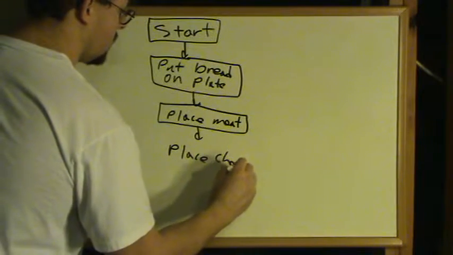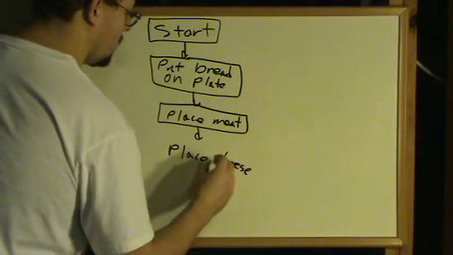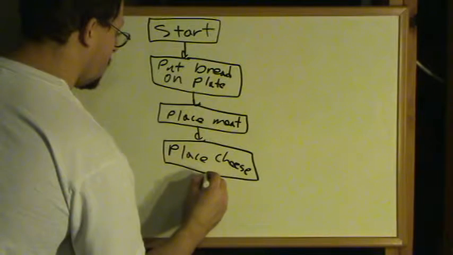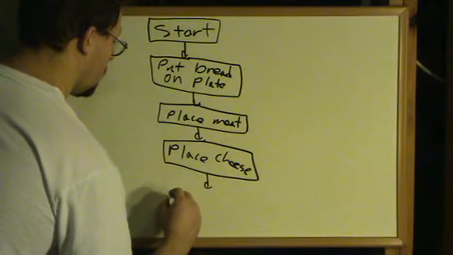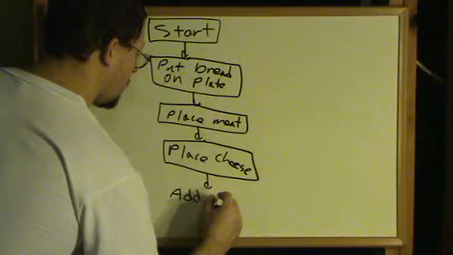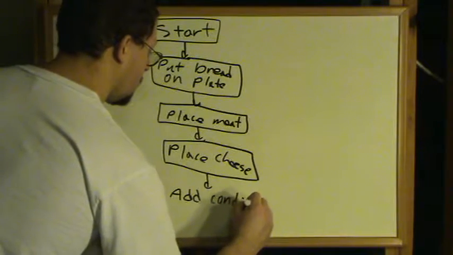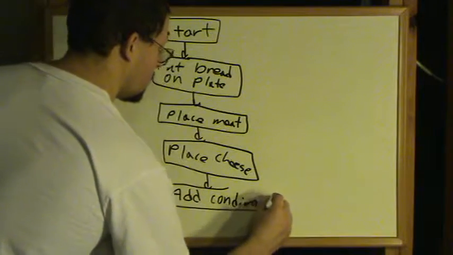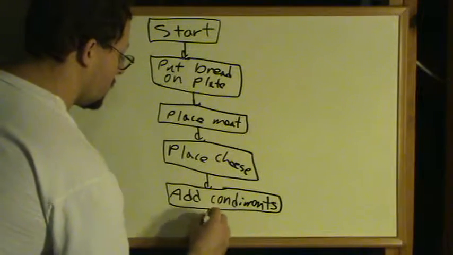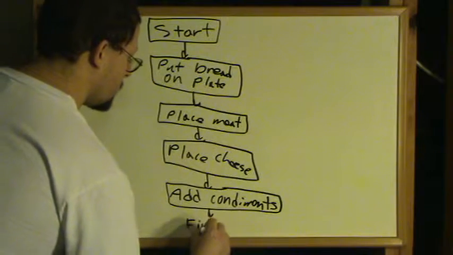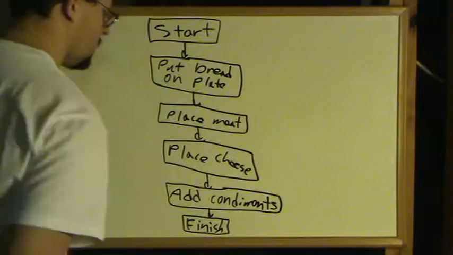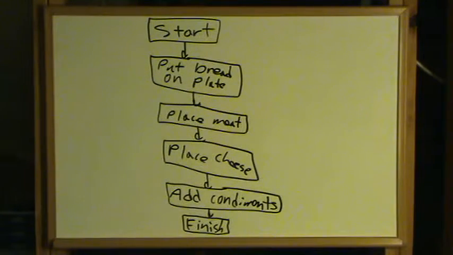Place cheese. Add condiments. That's your ketchup, mustard, etc. Finish. Okay? So here you have a simple flowchart for how to make a sandwich.